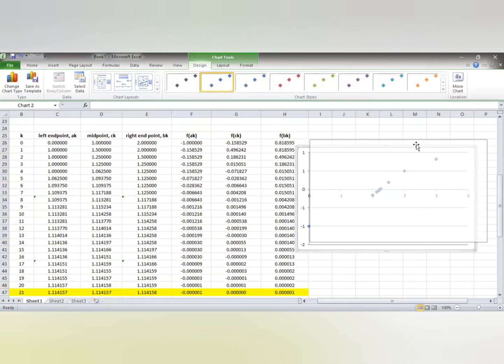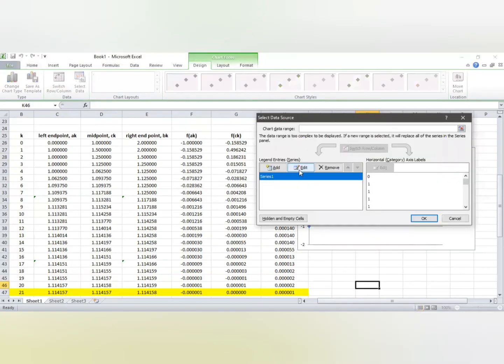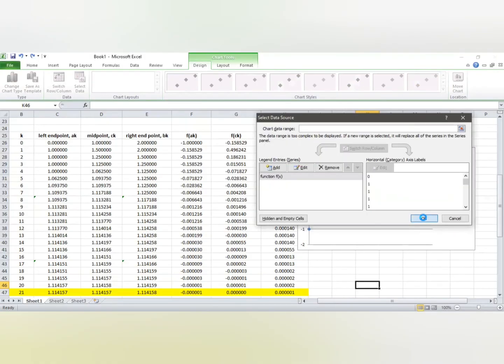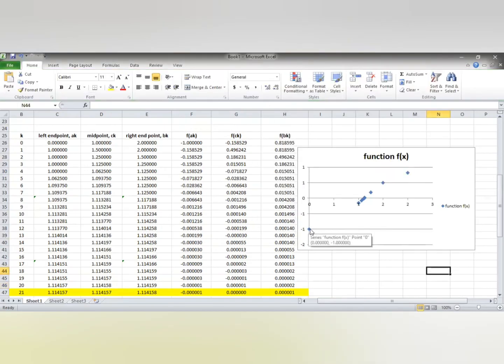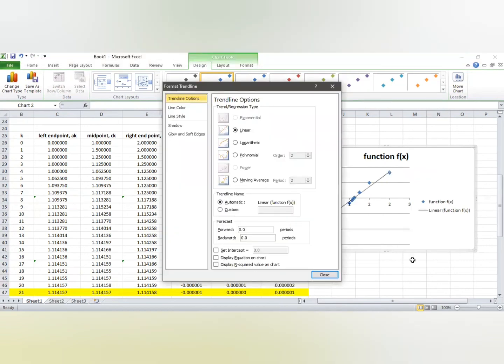Or if you don't like to delete the series, maybe you can say, okay, edit, function of x. Okay. Then I try to connect all the dots.